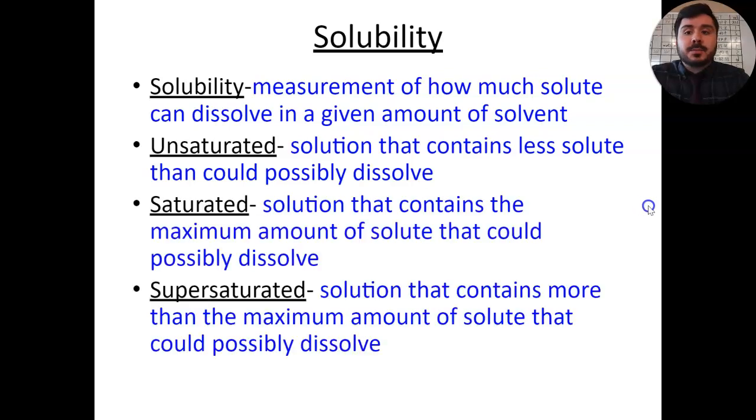Now, there are three different types of saturation in terms of solubility. If something is very low in saturation, there's not a whole lot of solute dissolved into your water, that's when you have what's called an unsaturated solution. So an unsaturated solution is a solution that contains less solute than could possibly dissolve in that particular solvent.